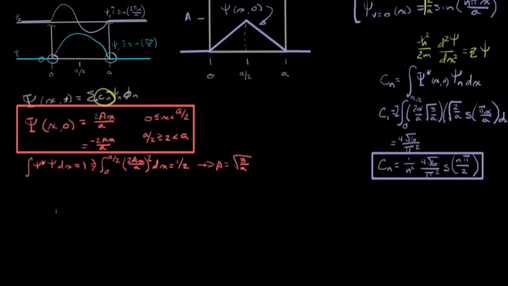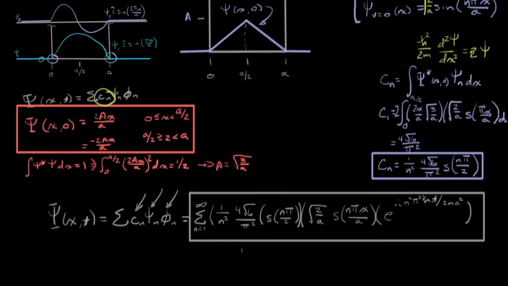Now we're ready to return to our original question. Basically, we said that the overall wave profile is going to be represented by some summation of stationary states. We have a solution for Cn, we have a solution for the actual states, and we have a solution for the time dependence of the states. So we can write this all out.